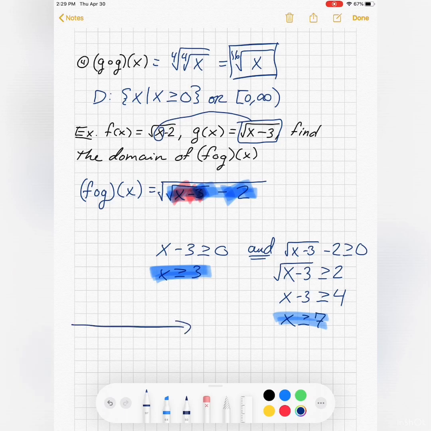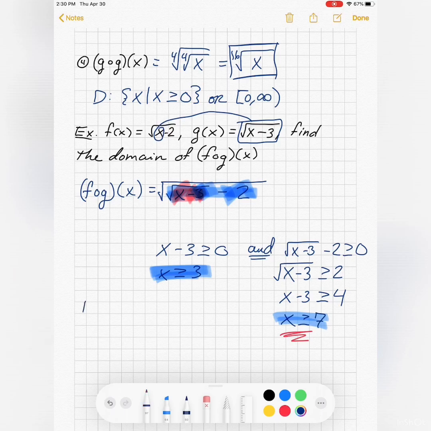But if you think about what that's saying, I'm saying x has to be bigger than or equal to 3. Here's 3. But it also has to be bigger than or equal to 7. So in what region would both of those things be true? Just this one. So this guy wins, right? If x is greater than or equal to 7, it's automatically going to be greater than or equal to 3.